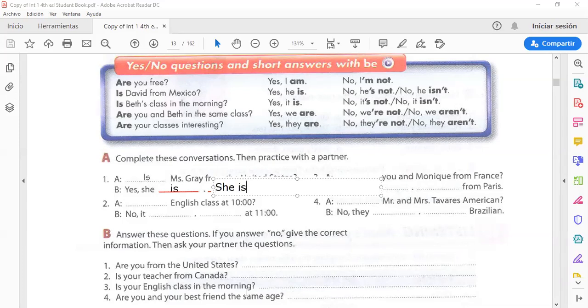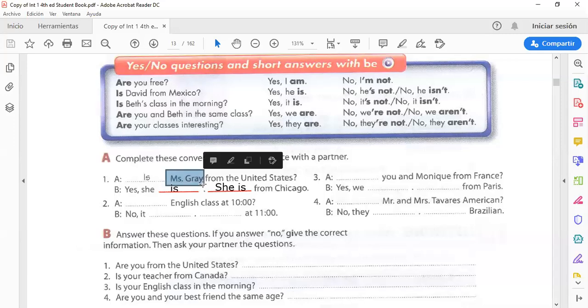Is Miss Gray from the United States? Yes, she is. She is from Chicago. Okay, Roman, it's not "I am from Chicago" because it's not about you. It's about Miss Gray. The conversation is about Miss Gray, not about you. So you got to answer from her perspective.